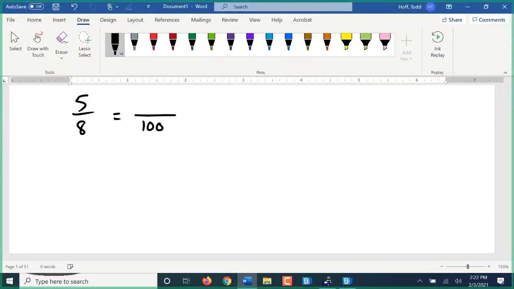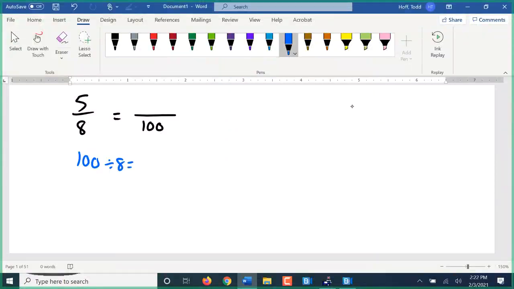5/8, 5 out of 8. If we want to turn that into a percent, we ask how many is that out of 100. Well, looking at this, we can't see right away what you can multiply 8 by to turn it into 100. But if we have to, we can work backwards. Instead of saying, what do we multiply 8 by to make 100, we can go 100 divided by 8.